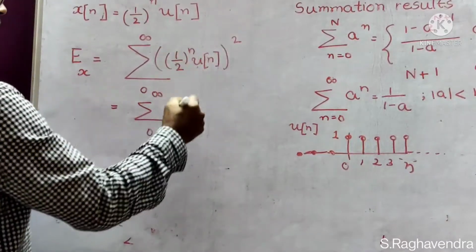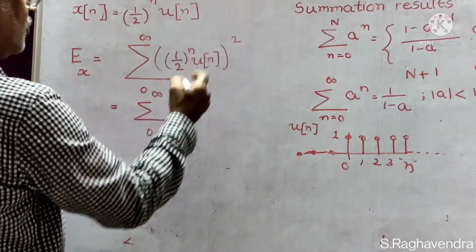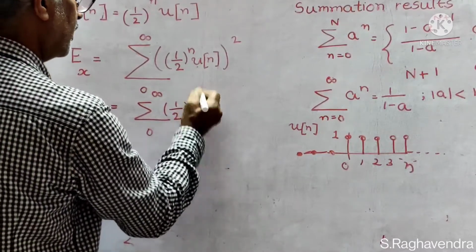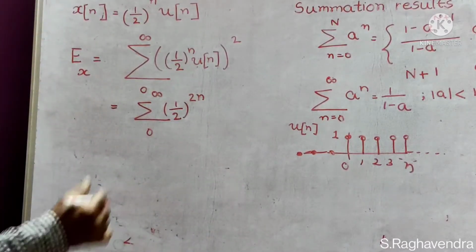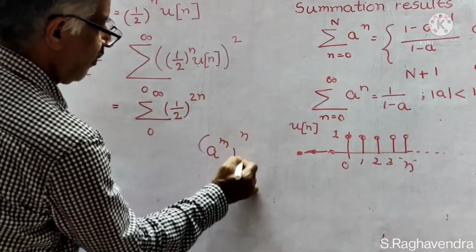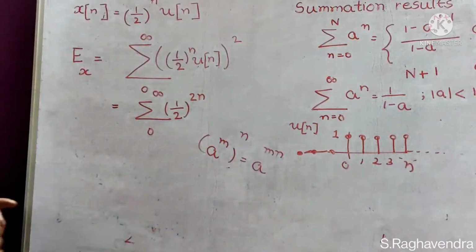Here u of n is 1, so half to the power of n whole square means half to the power of 2n. I will remind you, a to the power of m whole to the power of n is equal to a to the power of mn.